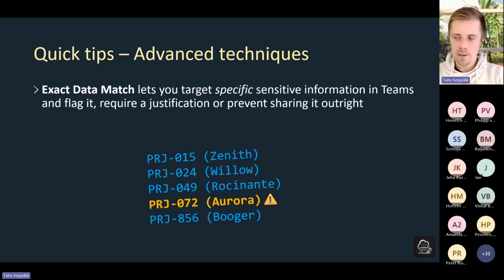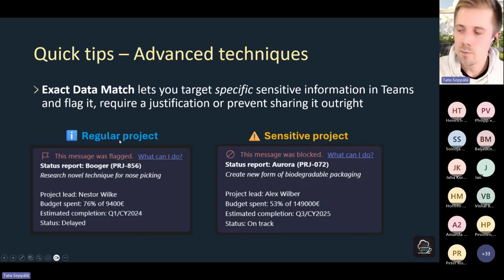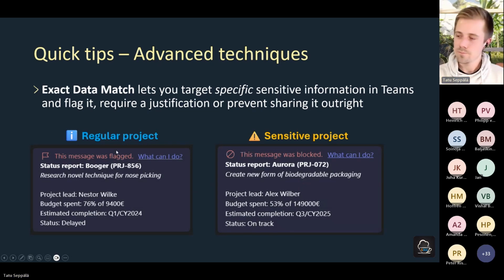When you have an EDM in place, you can have pretty strict controls only for a specific subset of information without blanket blocking everything. So you can actually separate the diamonds from the dirt, let's say. I'm not saying a regular project is dirt, it's just that there are different types of information.